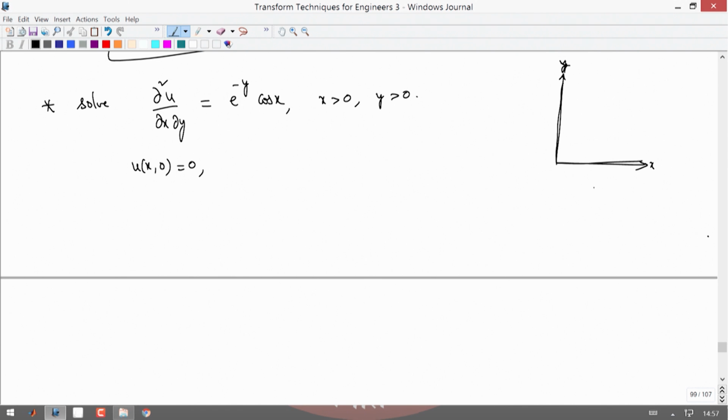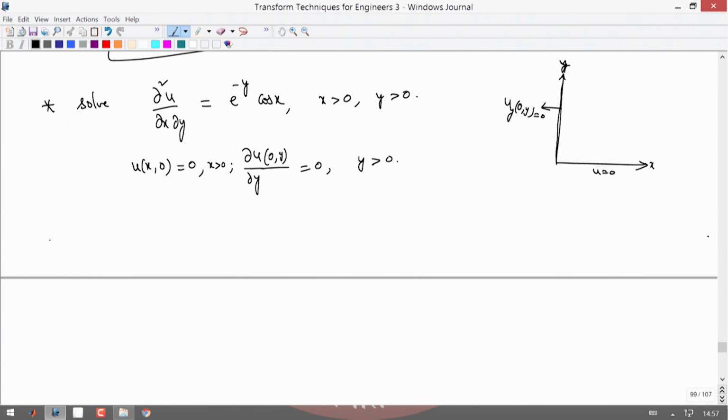So u is 0 here. Another condition is the normal derivative, u_y, that is ∂u/∂y at x = 0, which is 0 for every y positive. So these are the two conditions you have.